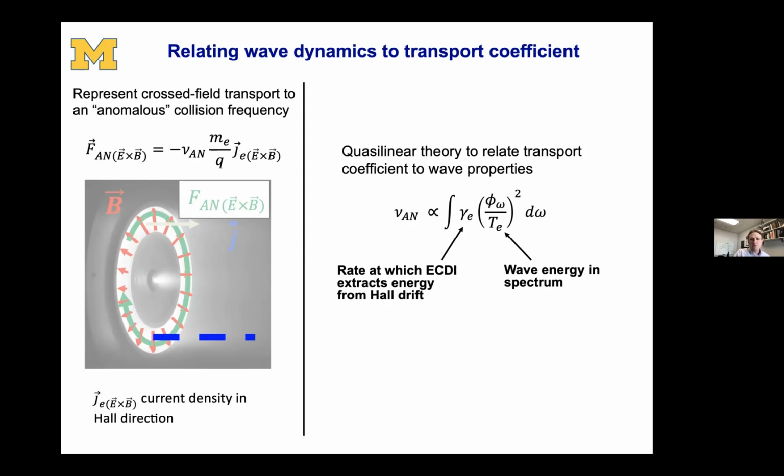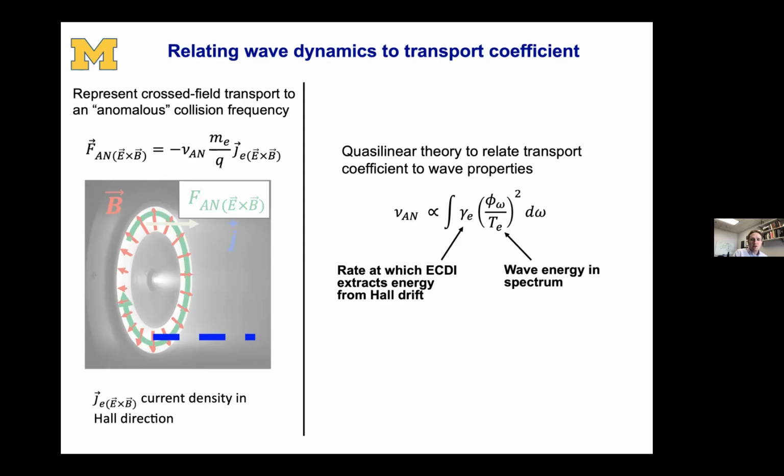The second contributing factor is represented as gamma sub E, and this is the rate at which the waves extract background momentum from the electrons. If that is a higher value, in turn, we'd also expect the effective transport to be higher because the waves are able to extract momentum for a given energy at a higher rate.